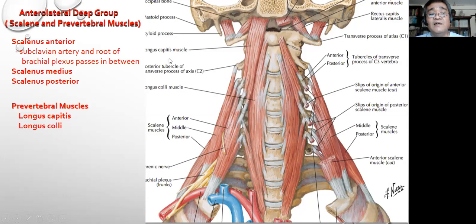Another deep group of muscles, which is the deepest, is your prevertebral muscles, which run anterolaterally over your cervical vertebrae. These are your longus capitis and longus colli muscles here. They are already very deep, but we will see them later in the cadaver specimen.